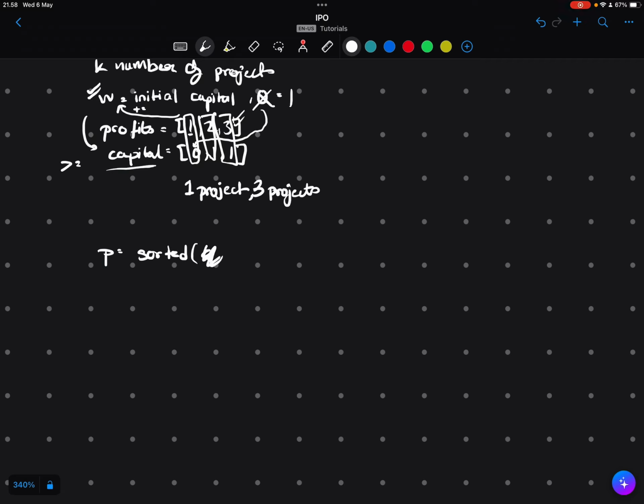So the first thing that I did was I just sorted our capital. I created a small P array, and in the P array what I stored was the capital I and the profit I, stored as an array inside of an array, and I did this for I in range len profits.